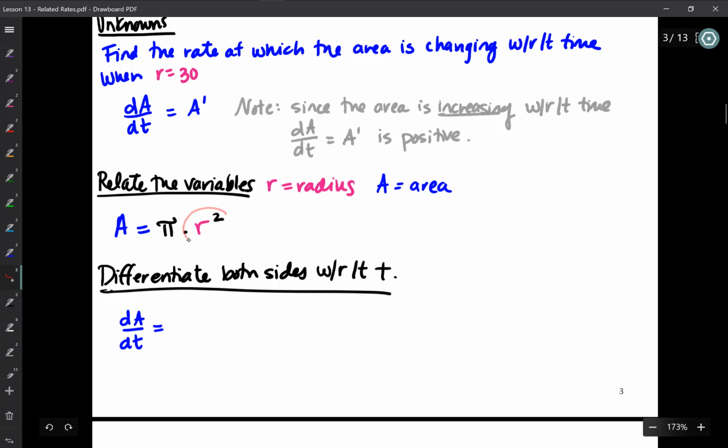If I were to take the derivative of r squared, I'd get 2r, but wait a second, r changes with respect to time. We're going to have to then use chain rule and multiply by dr dt, or r prime if you prefer. Pi times 2 times r to the power of 1, chain rule, times dr dt.